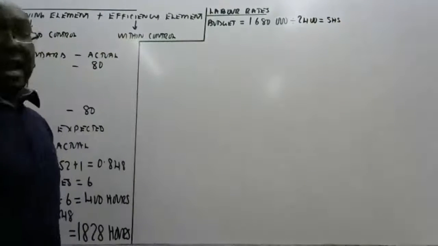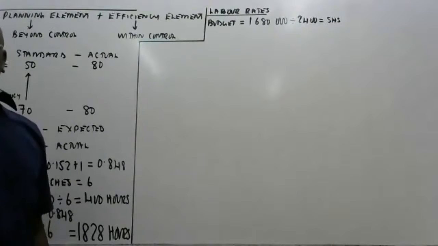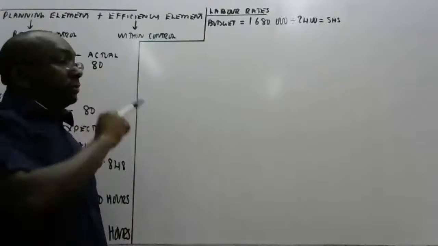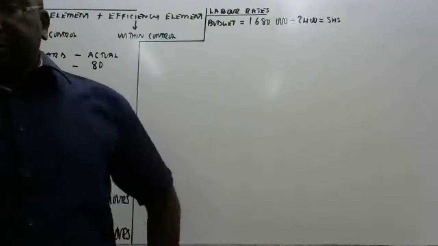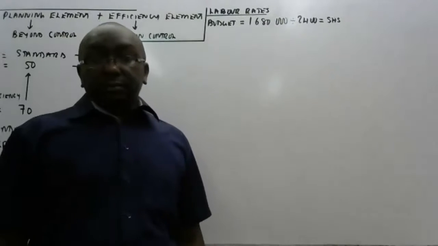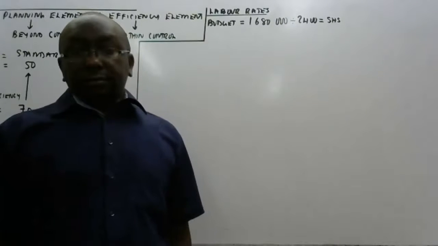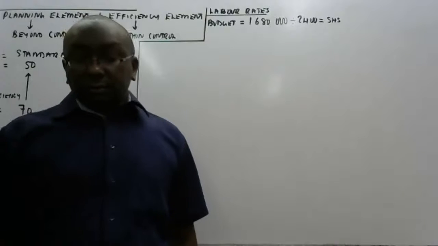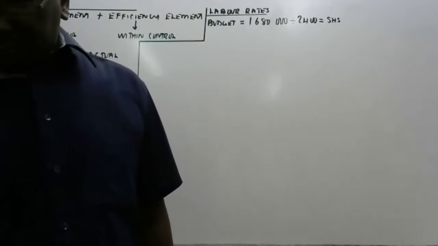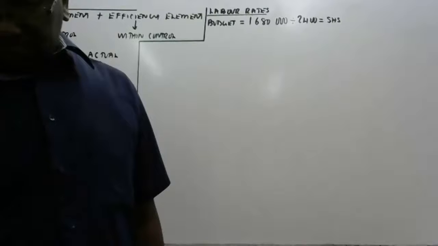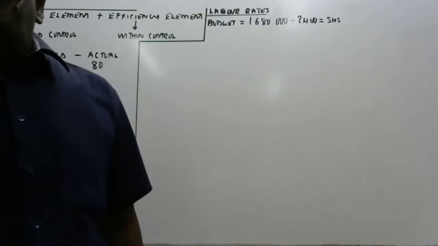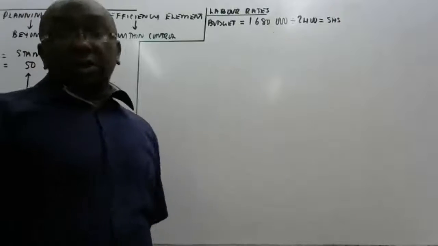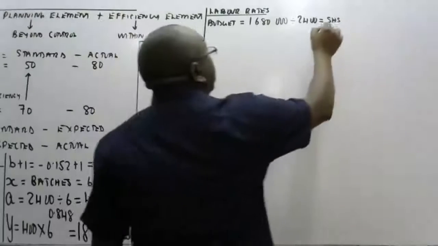What would be the budget rate? When you divide, good, 700 shillings.